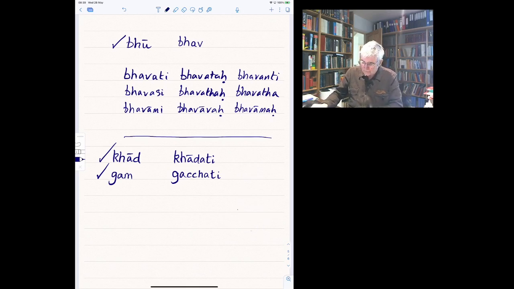The third one is agam. Why am I splitting this up? By convention, when we write a root, we put the root sign. Verbs are often used with prefixes like agam, avagam, apagam, adhigam.